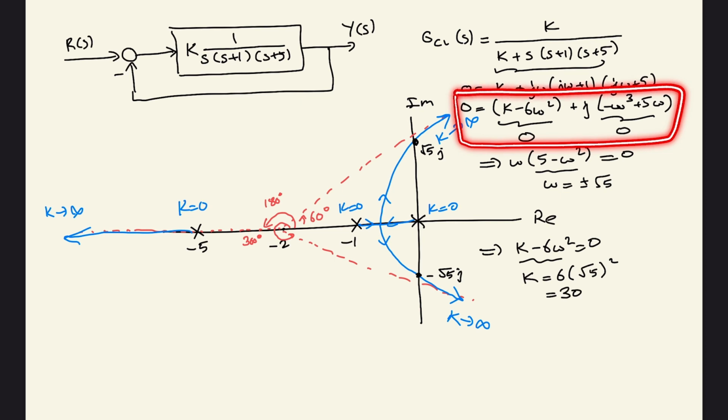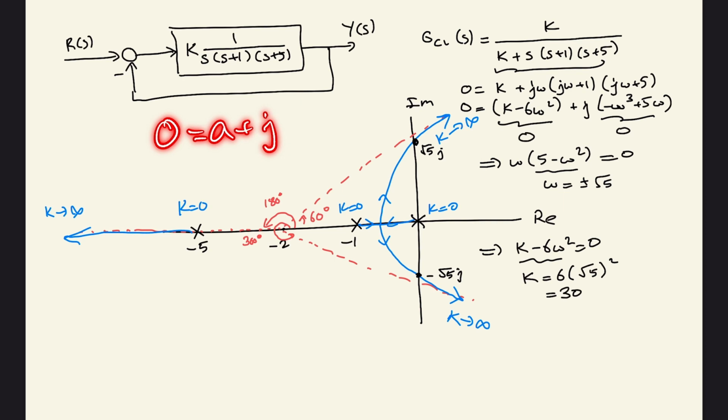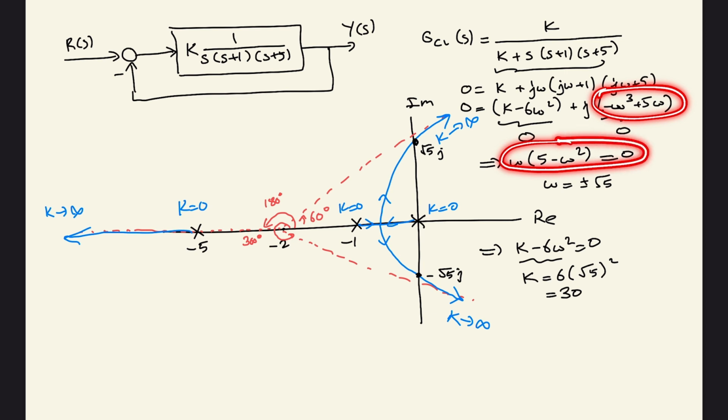This is a complex number, right? You have 0 equals a plus jb, with this being a, this being b. For a complex number to be 0, a needs to be 0 and b needs to be 0. So this gives us two equations. From the first equation, set it to 0, you have omega equals 0, this point. This is not the point that we look for. We are looking for non-zero points.